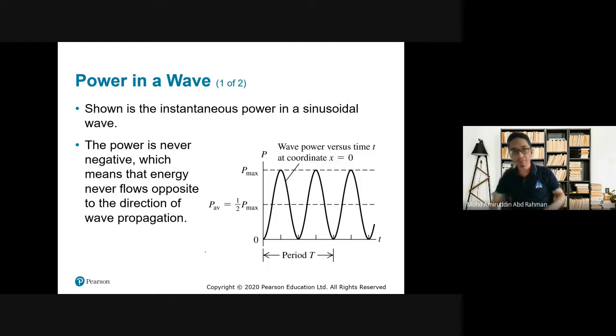When we have the wave, we have the amplitude of the wave, and this is the time. Whenever we are calculating that, we consider from the top to the bottom. So here is where P is max.